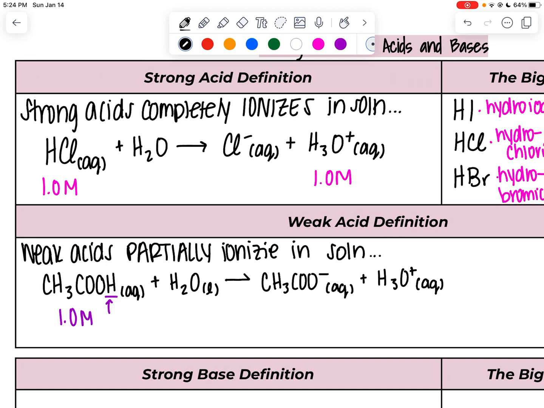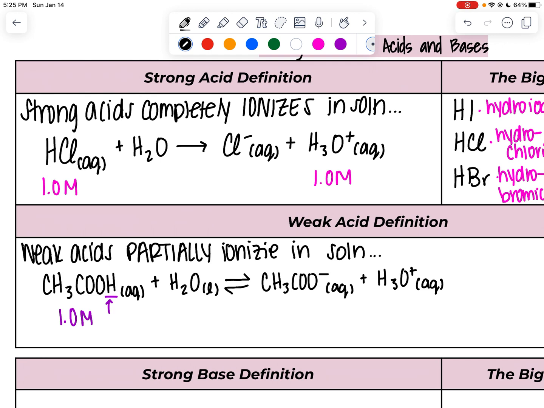But weak acids can actually go through an equilibrium process. Some of that weak acid will dissociate, and some of that conjugate base will react back with the hydronium to produce acid and water.